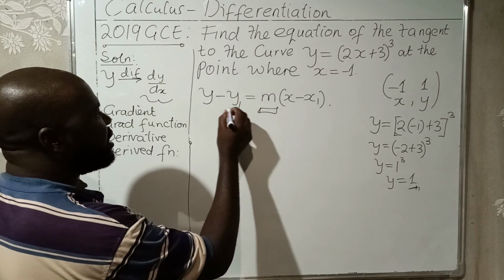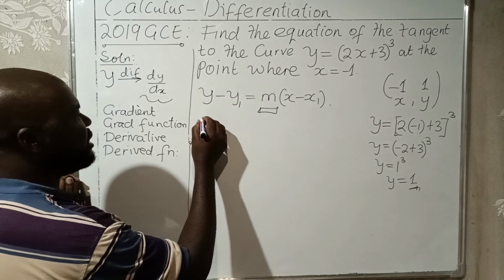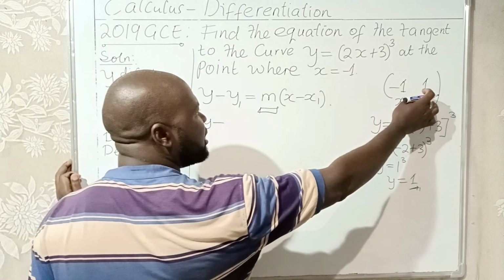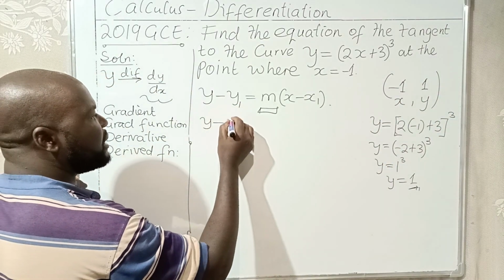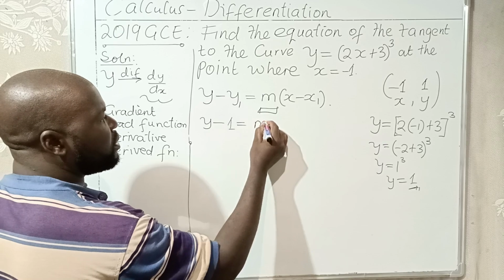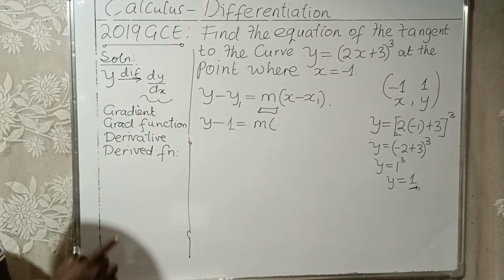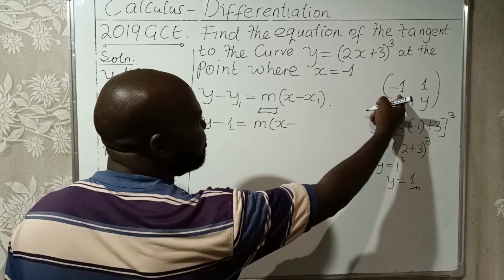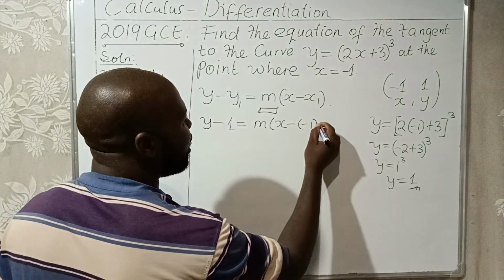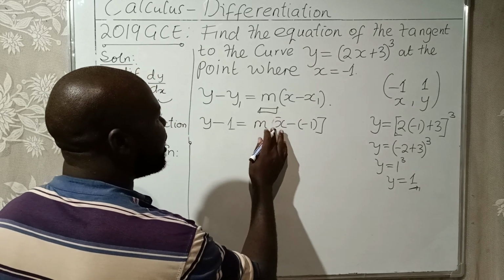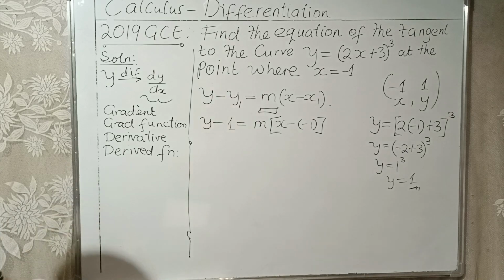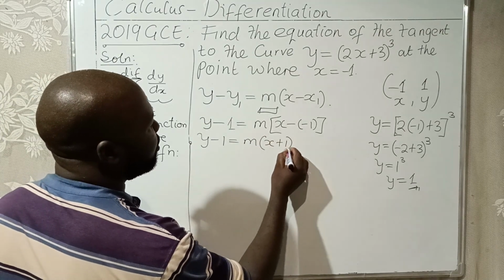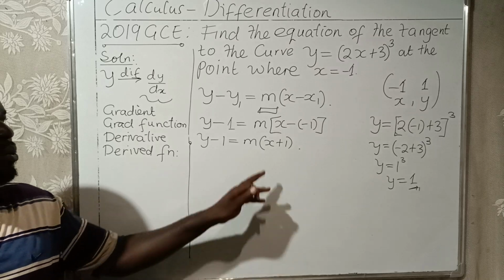For now, the equation of the tangent looks like this: y minus, for y1 we shall put 1, so y minus 1 is equal to m, which we do not have yet, and we shall solve for m later, times x minus, and for x1 we shall put minus 1.